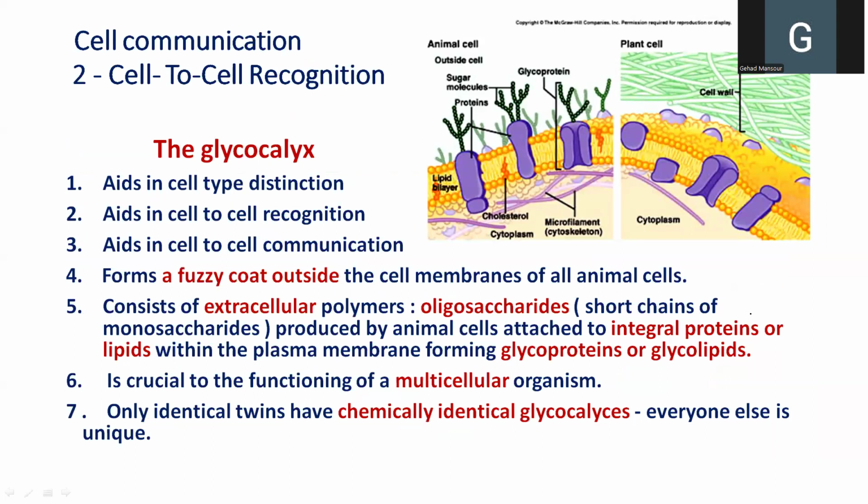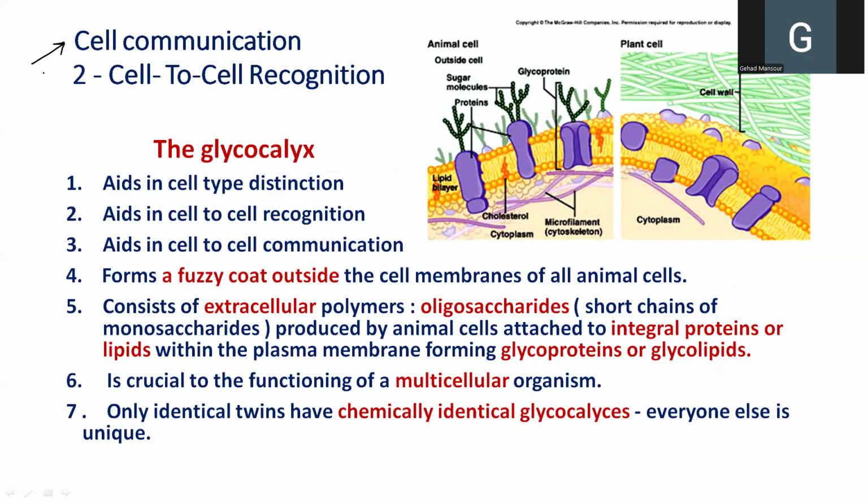Just like we have talked about physical connection between the cells in the form of the tight junctions, we are going on the next slide to focus on a very important concept in AP biology, which is the concept of cell communication.